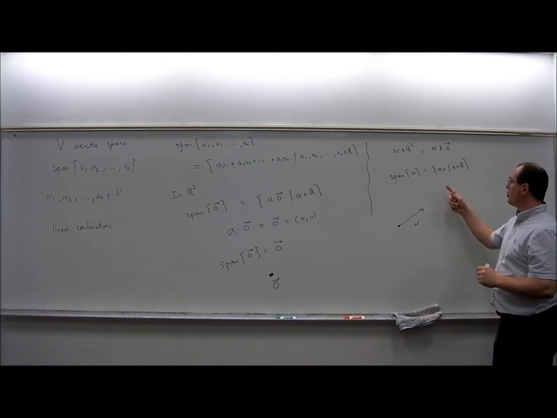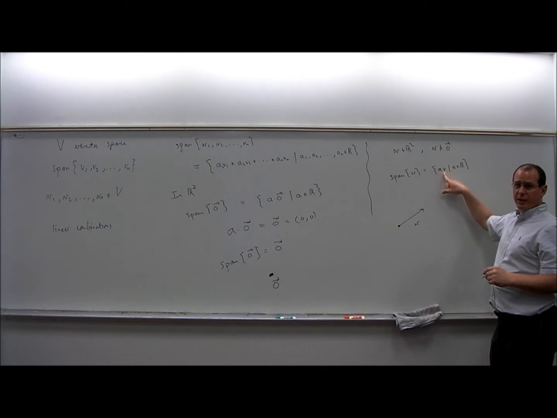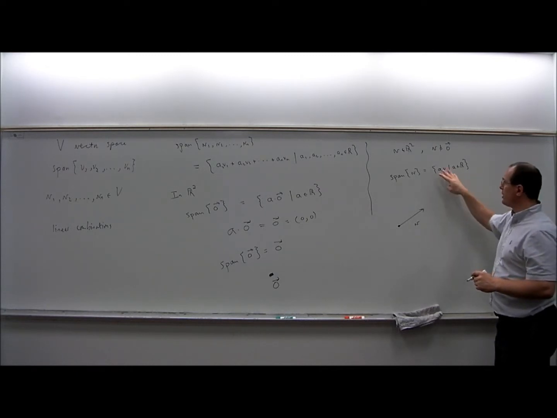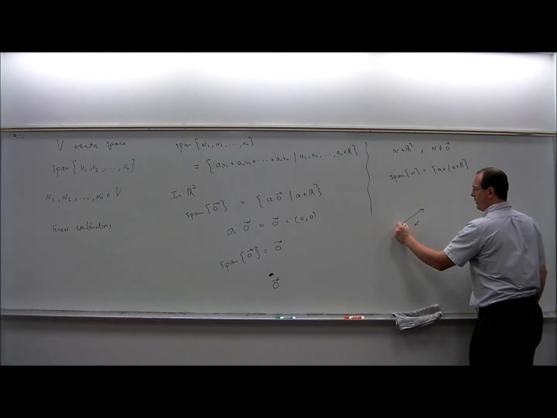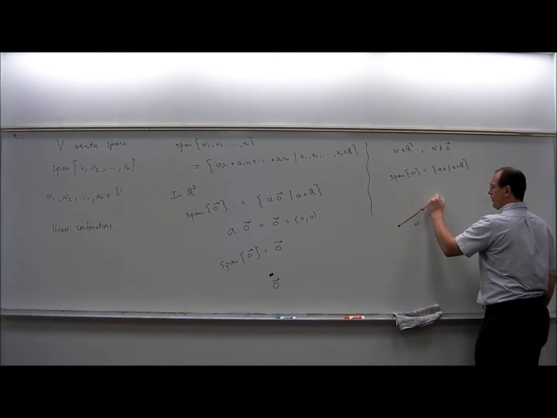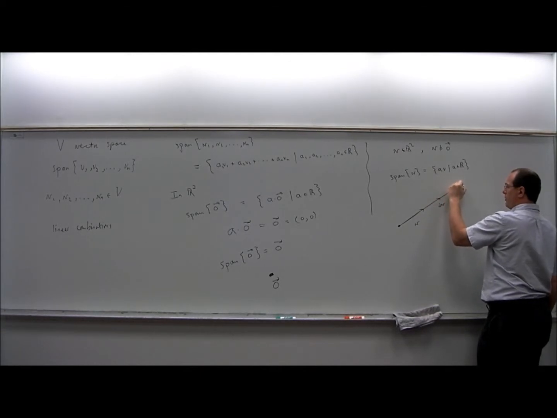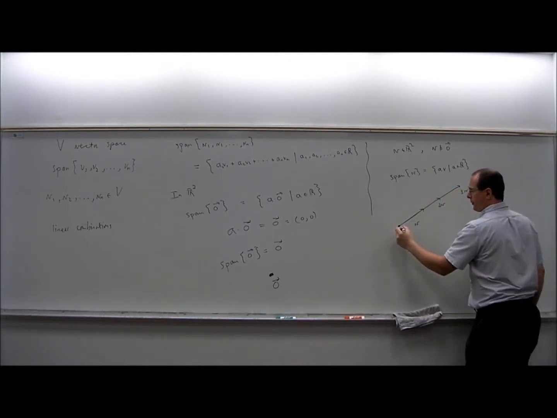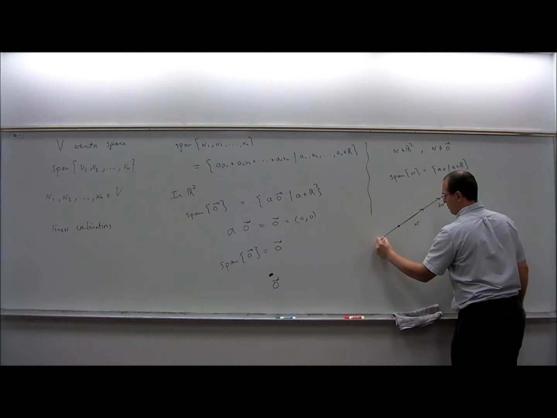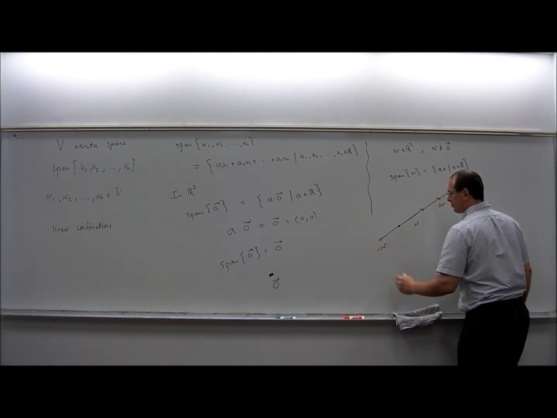And geometrically, let's say there's the origin, there's the vector V. So things like 2V and 3V and negative V and negative 2V, those are in the span of V. So if that's V, then 2V would be something like that, and 3V would be something like that. Negative V would be thereabouts.